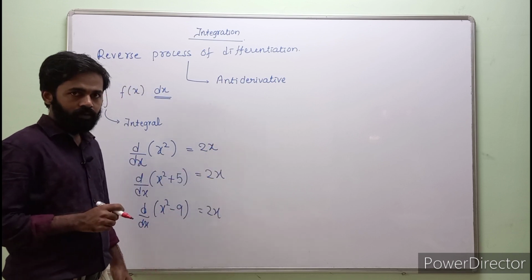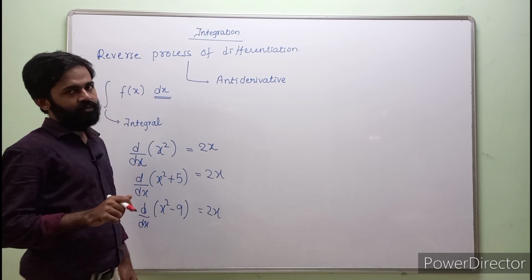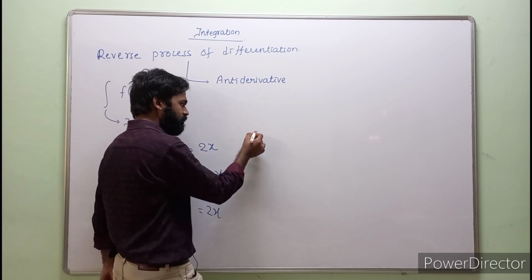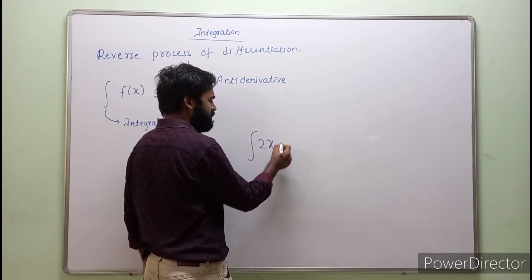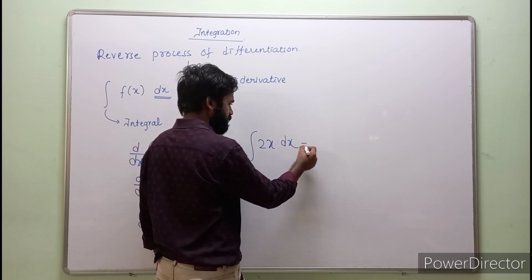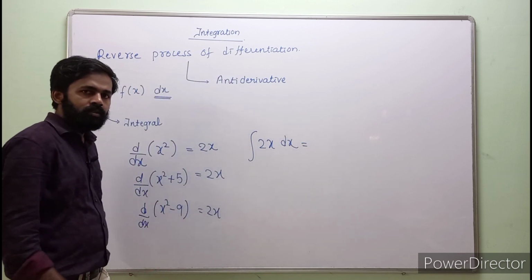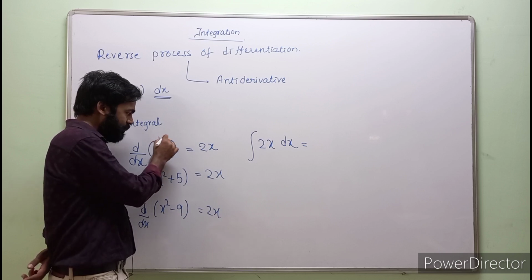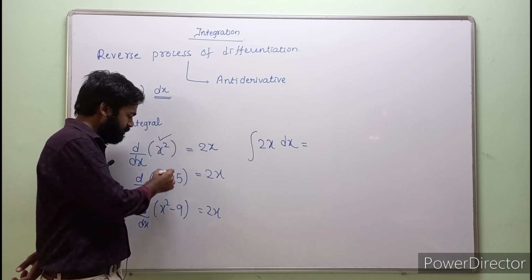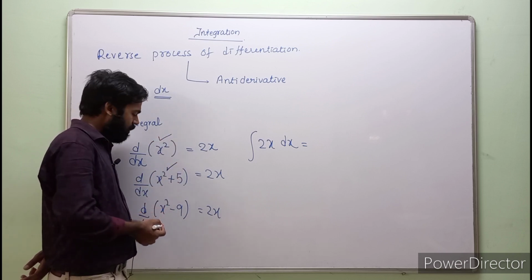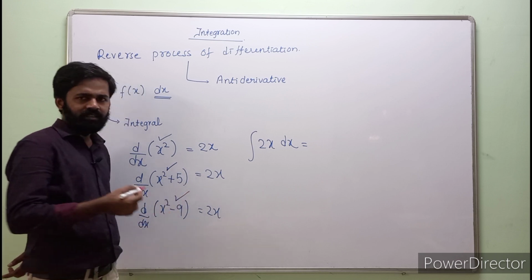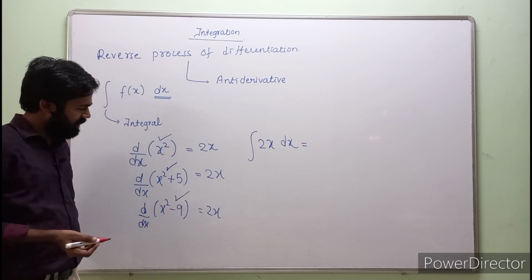And as I told, integration is reverse process of differentiation. Now if you want to write integration of 2x with respect to x, do you write x square, or do you write x square plus 5, or do you write x square minus 9? Which one you will write?